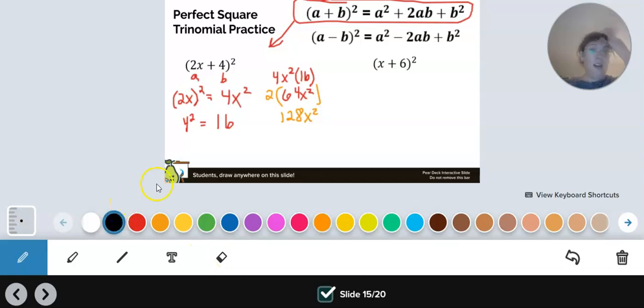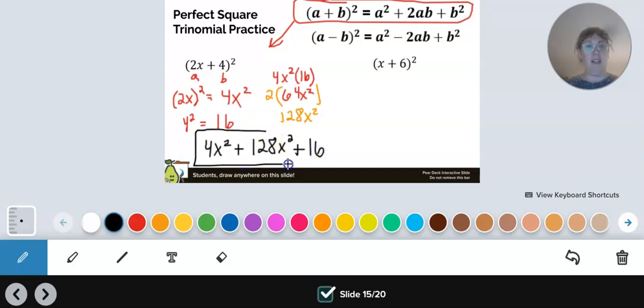So putting it all together, we have 4x squared, that's our a squared, plus the double 2ab is 128x squared, and our b squared is 16. So this is our expanded version.